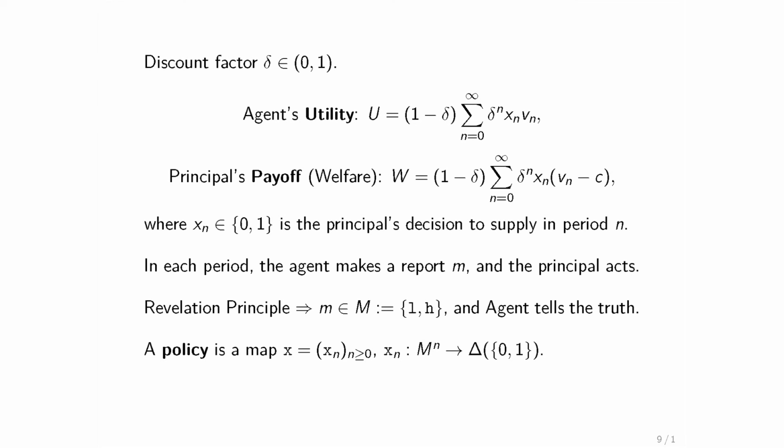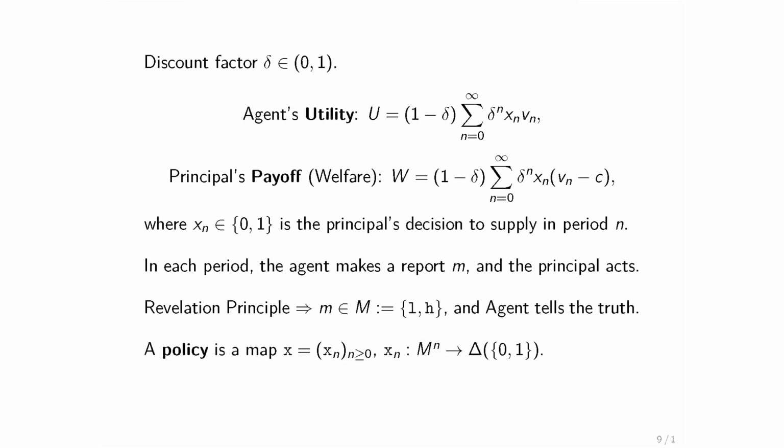So in this case, a policy or a mechanism is a map, xn. Each map maps the sequence of past reports to the supply decision in this period. And this policy defines a decision problem for our agent. And we look at the case in which the agent always tells the truth given a policy.